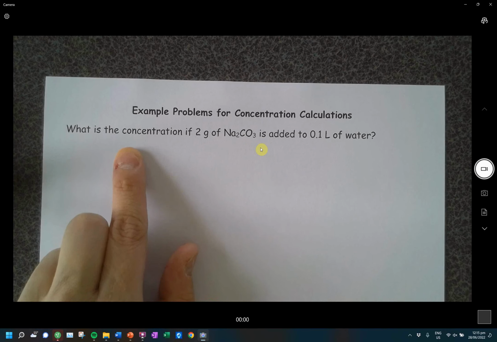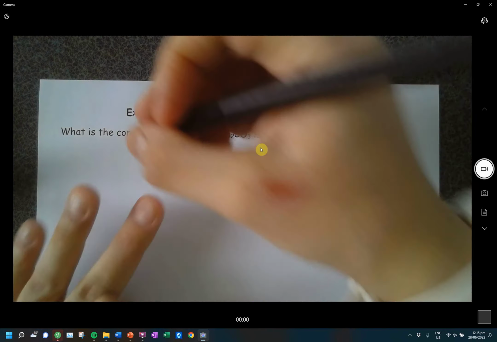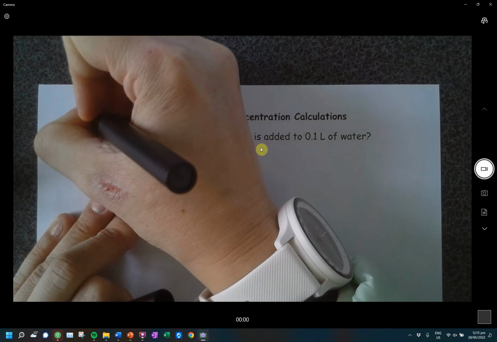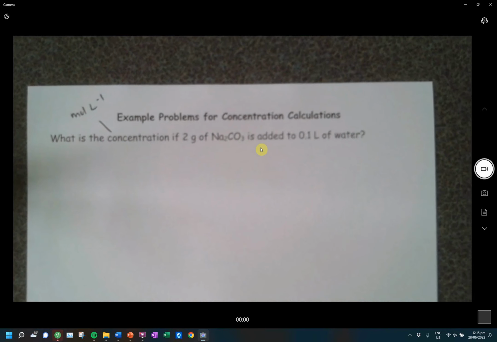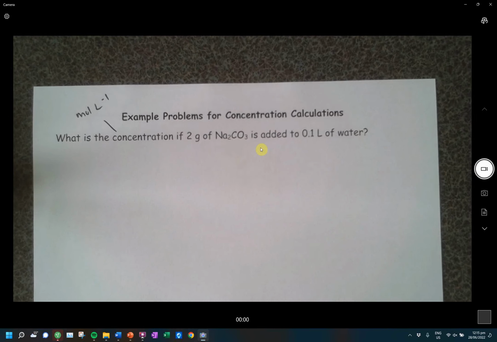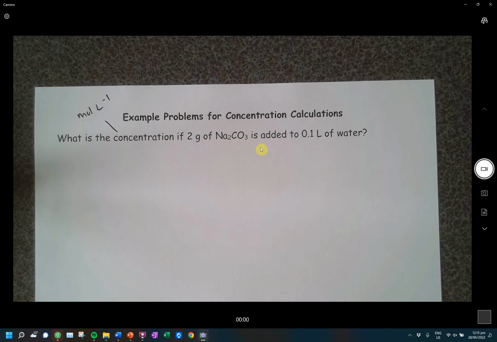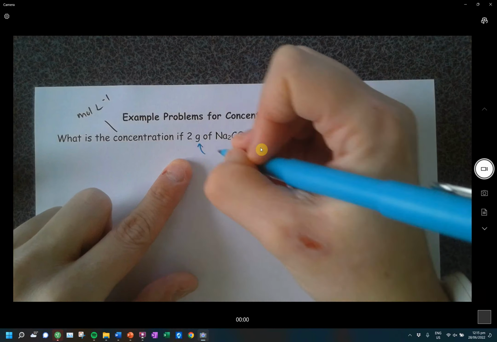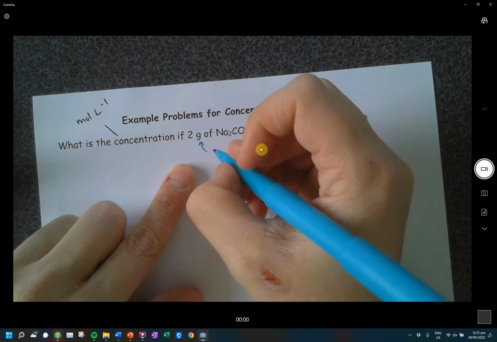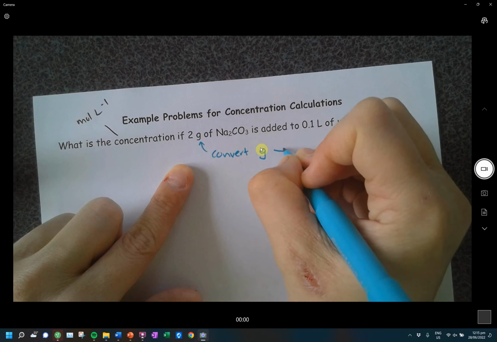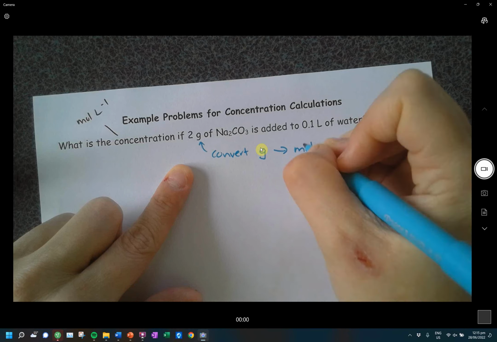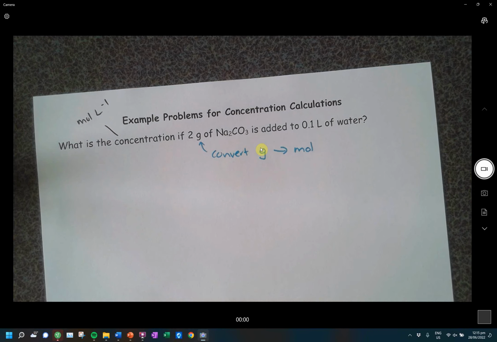So whenever you see them give us a concentration, they're going to want the answer in moles per liter. But the problem is they have given me grams. You see how this is in grams? So I need to convert the grams to moles. That's what I'm going to show you.